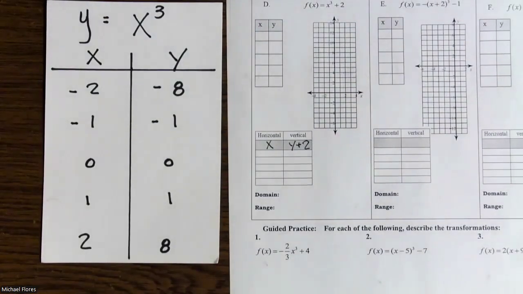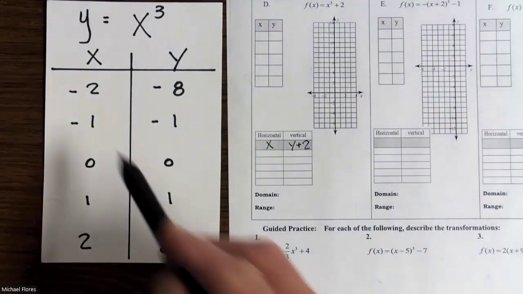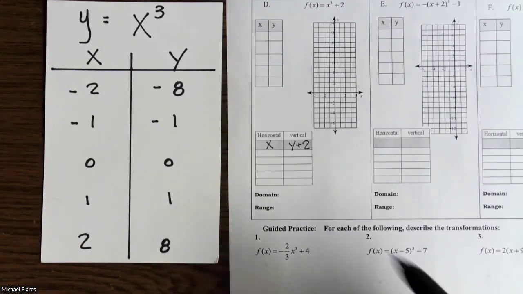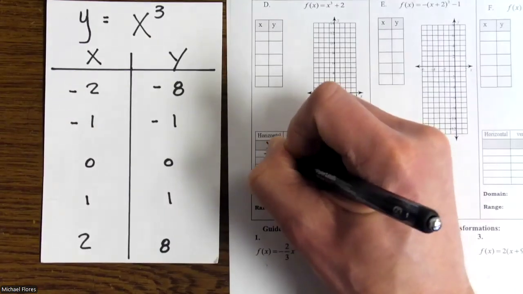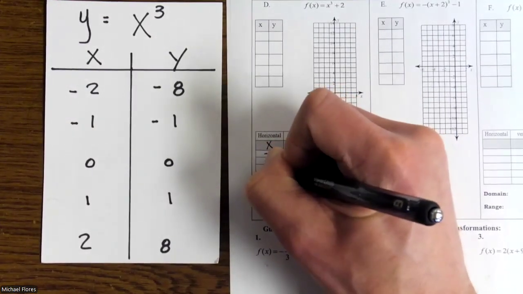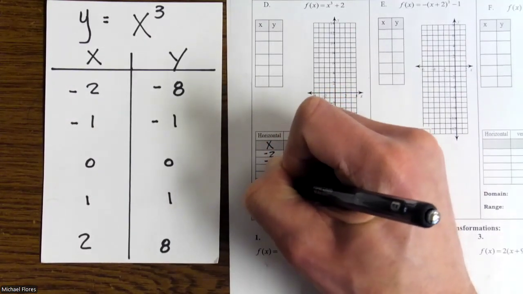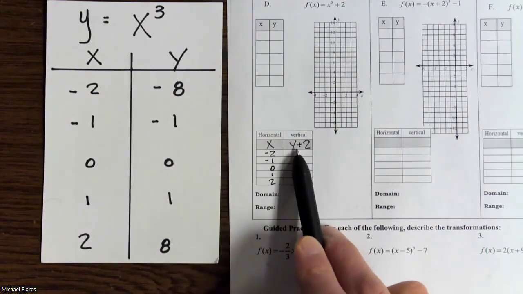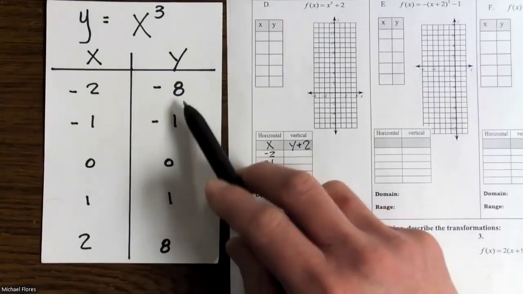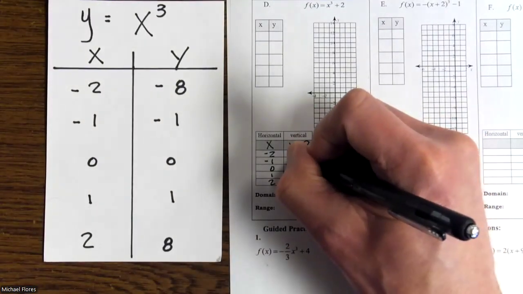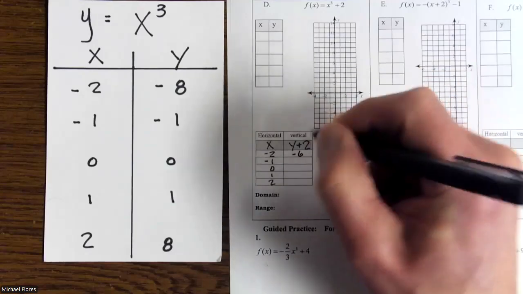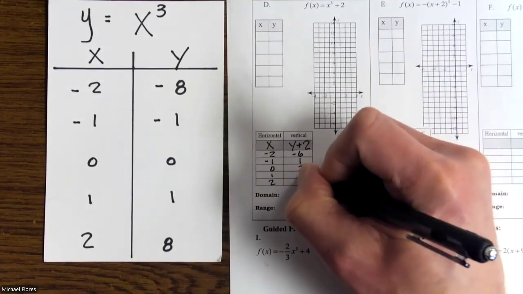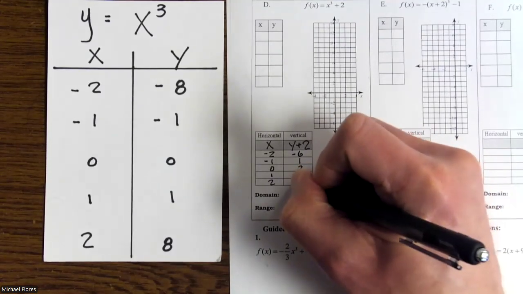All right, now we're going to take our x values of the parent table, plug them here into x, and there will be no change. They're going to stay the same. And now we're going to take all these y values, substitute them for y, and then add 2. So negative 8 plus 2 is negative 6. Negative 1 plus 2 is 1. 0 plus 2 is 2. 1 plus 2 is 3, 8 plus 2 is 10.